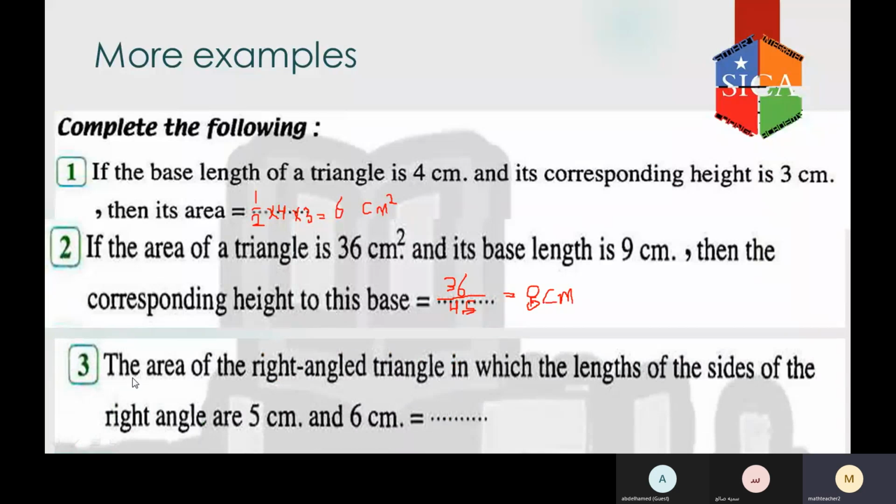Number 3: the area of the right angle triangle in which the lengths of the sides of the right angle are 5 and 6. We'll draw the right angle triangle here.